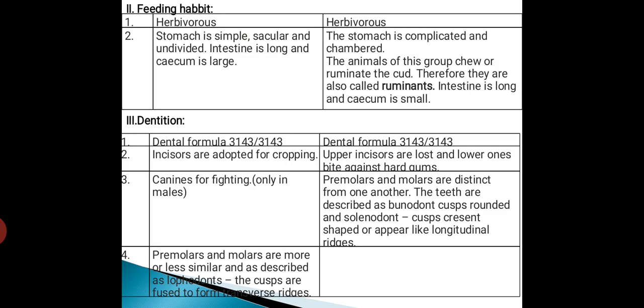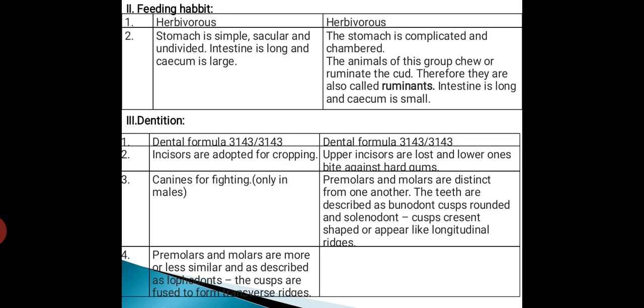In Artiodactyla, the stomach is complicated and chambered, and they are said to have a digastric stomach. The animals of this group chew or ruminate the cud, and therefore they are also called ruminants or cud-chewing animals. The intestine is long and the cecum is small.